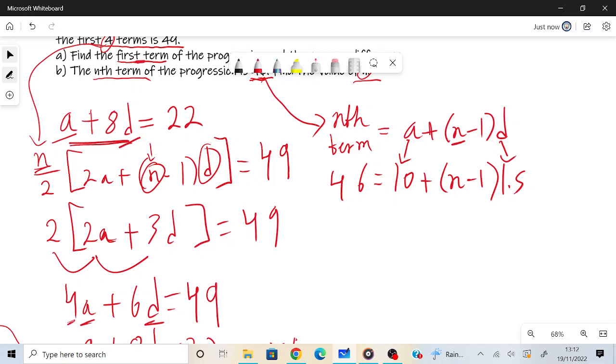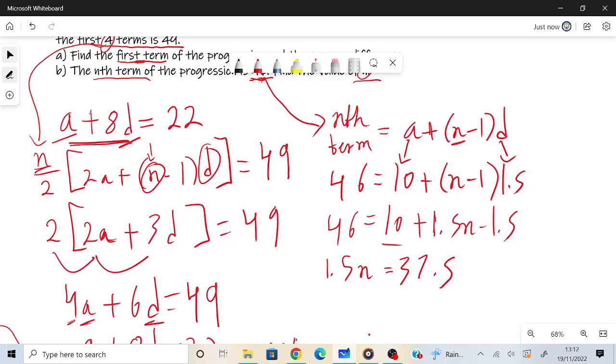So from here it's just a simple algebraic equation. We have 46 equals 10 plus 1.5n minus 1.5. I have 1.5n equals 37.5.